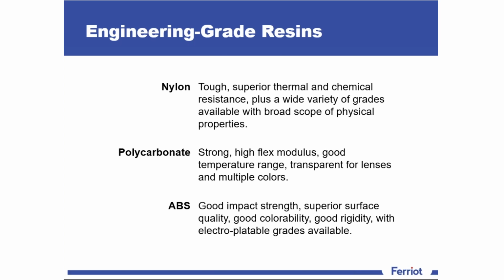It's strong, with high flex modulus, good temperature ratings, transparent for lenses and multiple colors. Then there's ABS. It's got great impact strength, superior surface quality, good colorability, good rigidity, with electroplatable grades available.